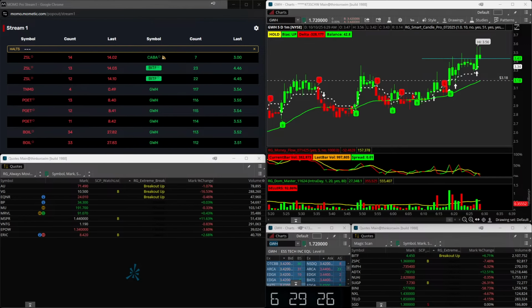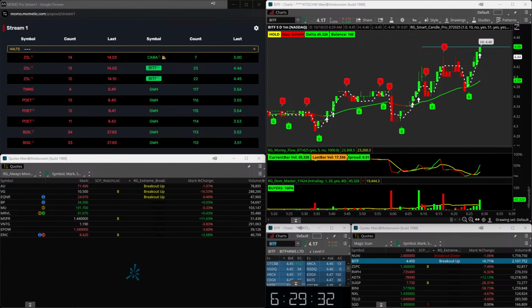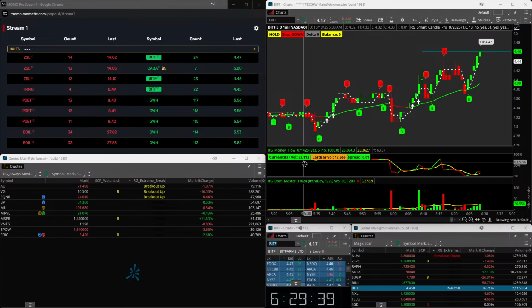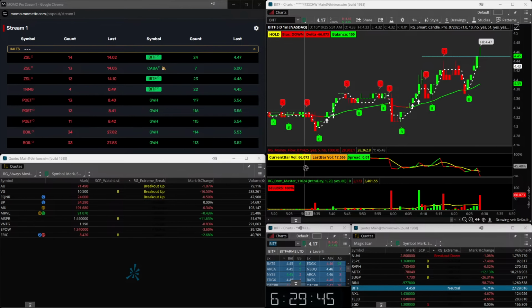VITF. CABA. Let's check BITF. $4.46. Checking the current bar volume. Very sluggish. Stalling. Yellow. Probably be red next. Not enough volume here. Money flows red. Dominators red.